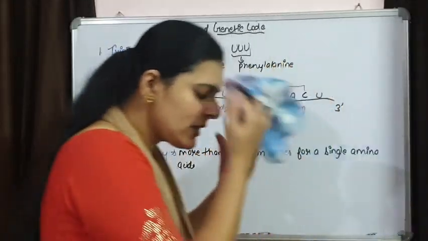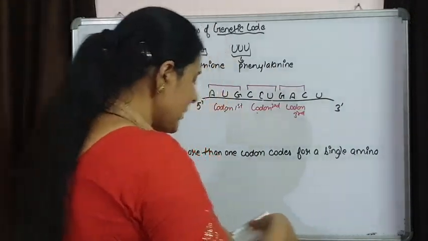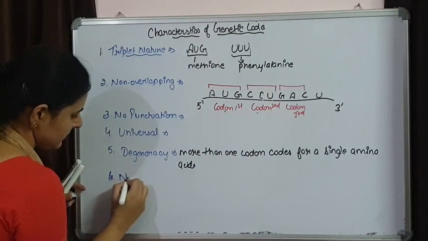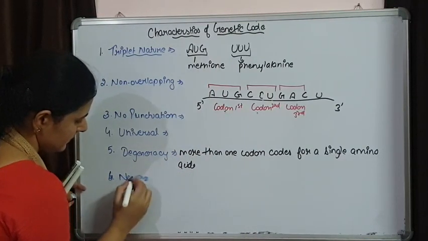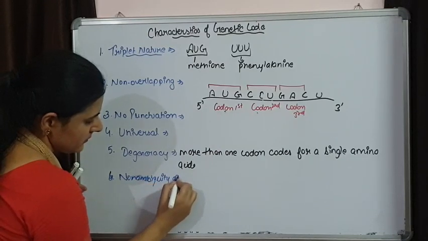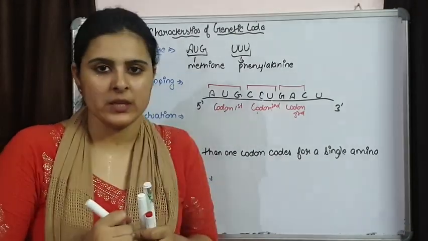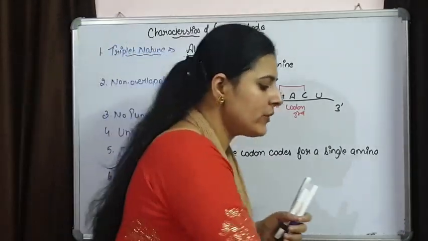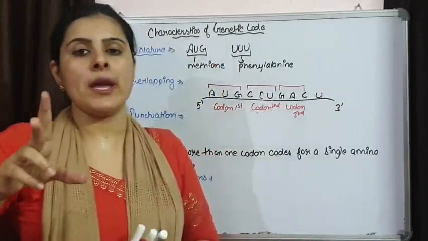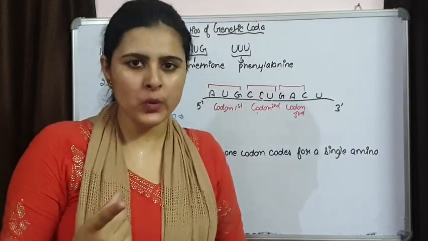Now the another one is non-ambiguity of the codons. What does this non-ambiguity mean? That means that codons are always specific. In the genetic code, we do not find any codon that is coding for 2 amino acids. One codon will always code for one amino acid.